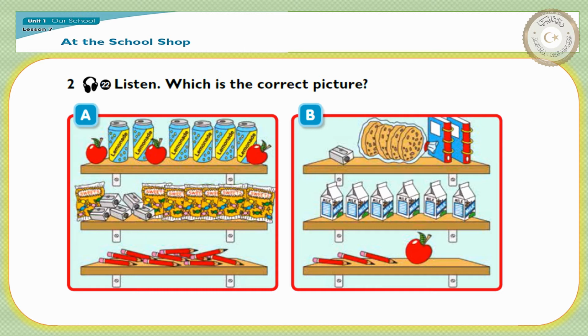Okay, so what can we find here? Lemonade and apples. Where are they? They are at the top shelves. Okay, what else here? But here we have notebook and cookies.